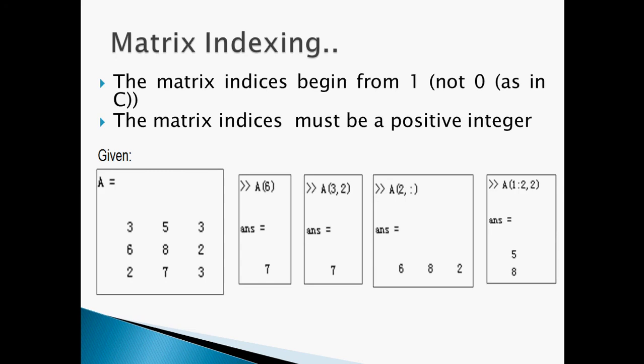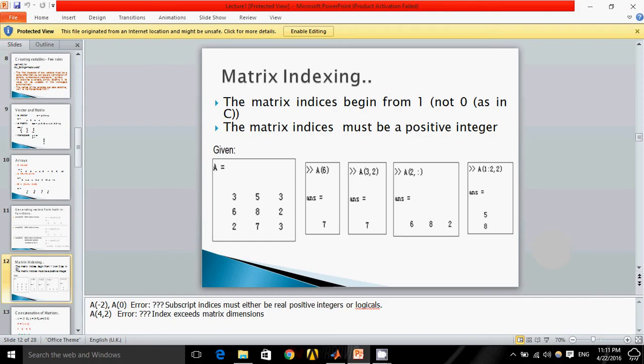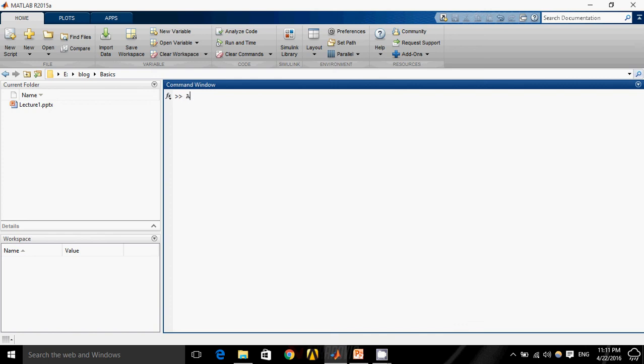Two more things. Create a random matrix 3 cross 3. Now what if I want to get more than one element?